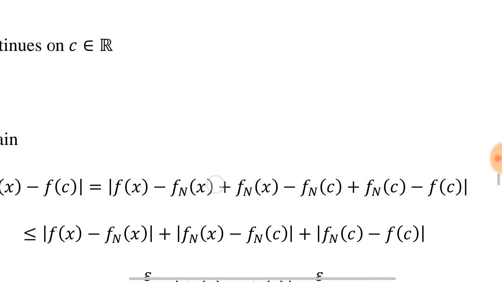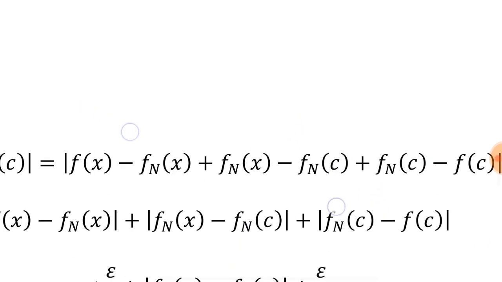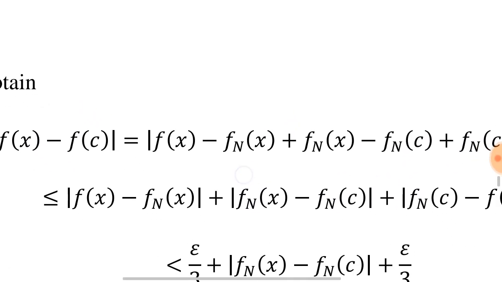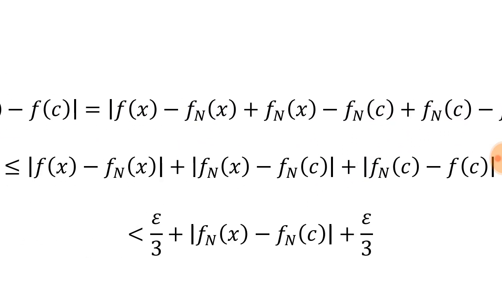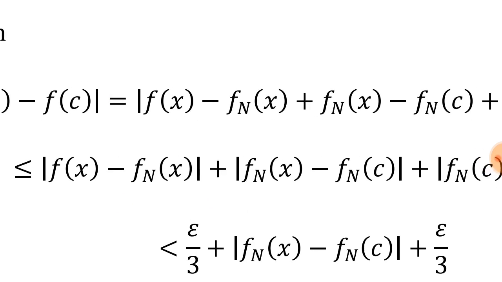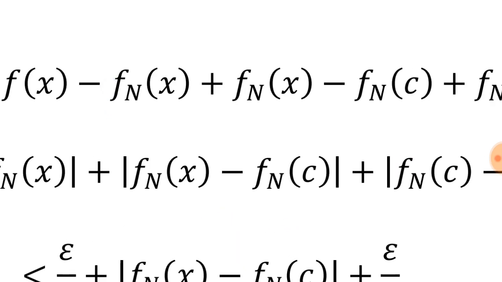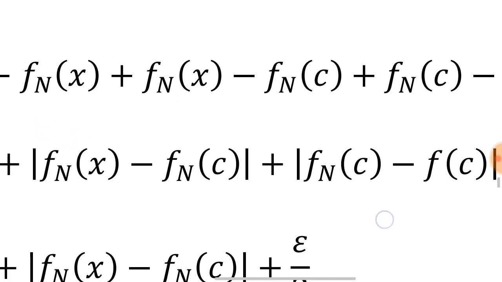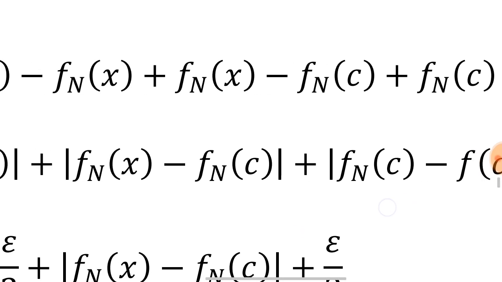This is equal because if we operate it, it will cancel to 0 and give you this. This is less than or equal to the absolute value of f of x minus f sub capital N of x plus the absolute value of f sub capital N of x minus f sub capital N of c plus the absolute value of f sub capital N of c minus f of c.